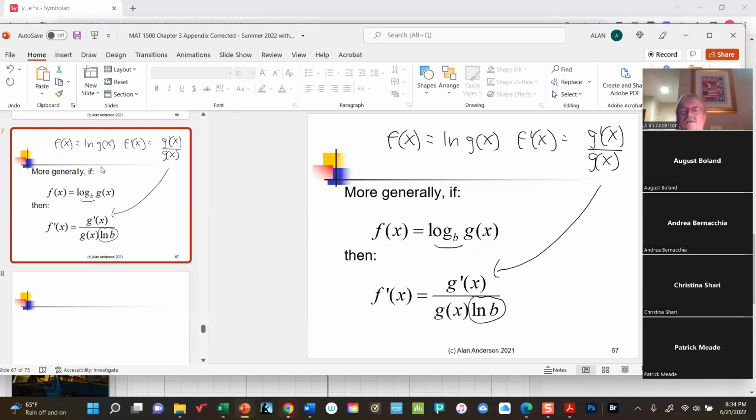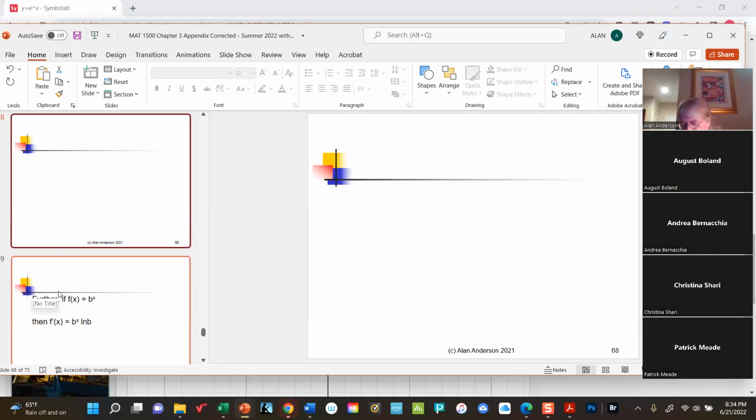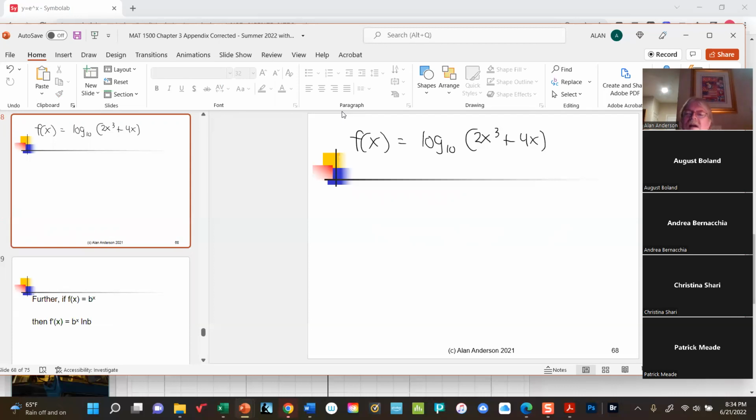All right, so let's try this one. In practice, if you're using a log that is not base e, chances are pretty good it'll be base 10, or if not 10, possibly 2. You do run into that sometimes, especially in disciplines like computer science.